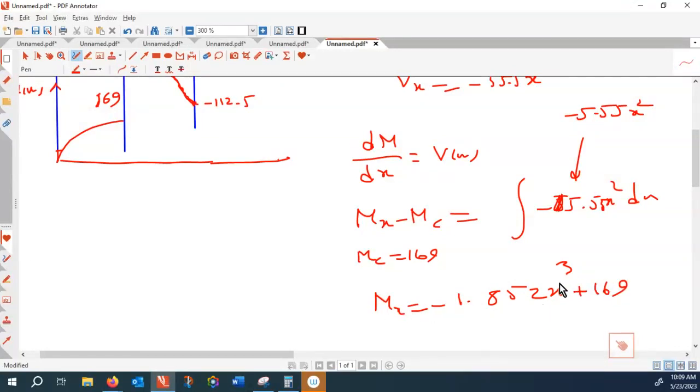And you easily can check this one. If you plug x equal to 0, that is 169. If you plug 4.5, this is 0. Okay, so that cubic function starts from this point and becomes 0 at this end here.